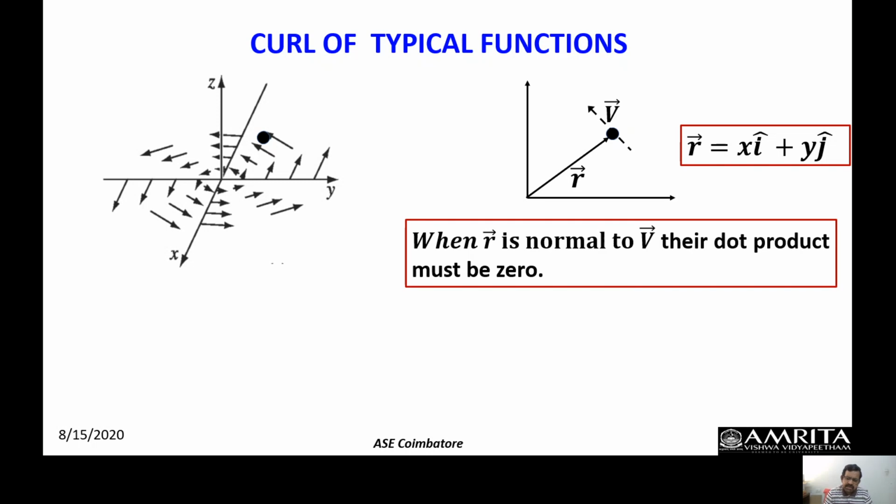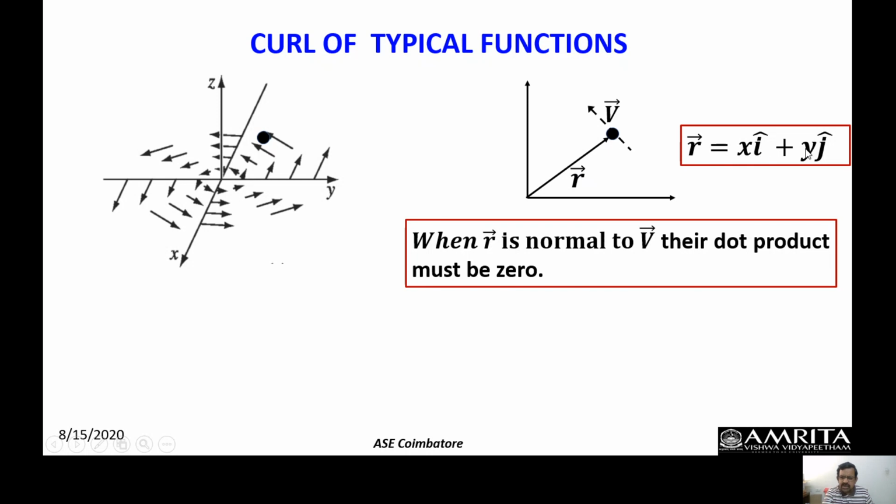So how do I get this tangential function, normal to r? If two vectors are normal in two dimensions, all I need to do is show that the dot product v dot r is equal to 0. Because the dot product is commutative, I can also write it as r dotted with v being 0.